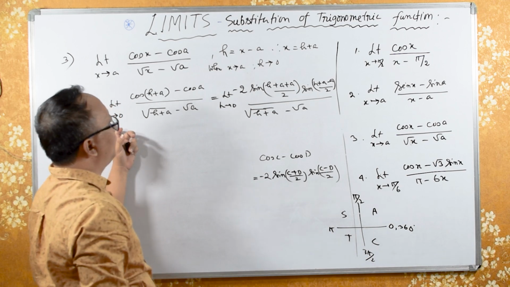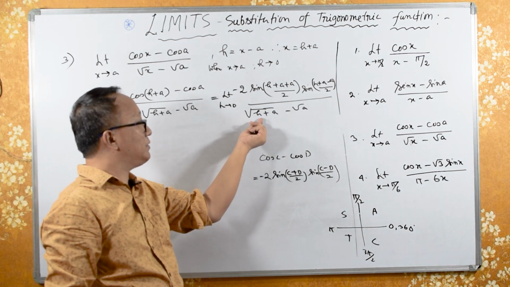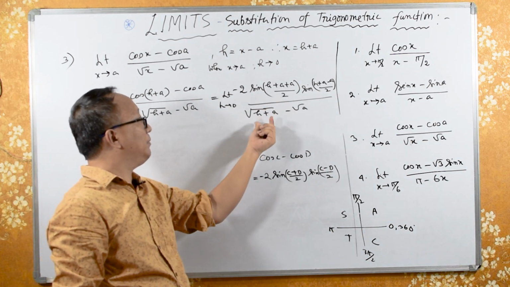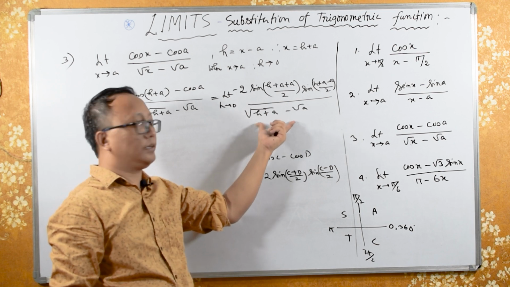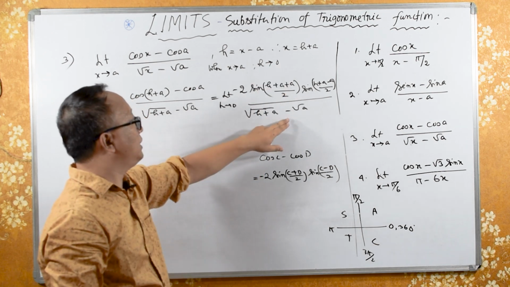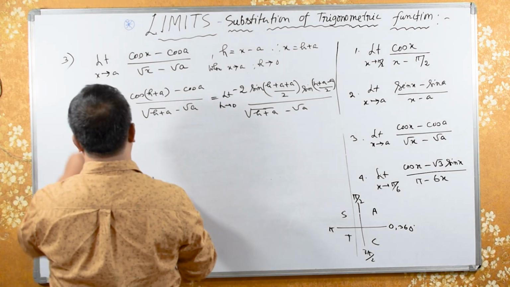Okay, when h tends to 0, the denominator becomes 0 and the expression is undefined, since something by 0 is undefined. Still we need to rationalize this also.